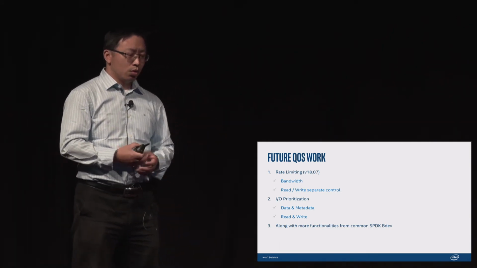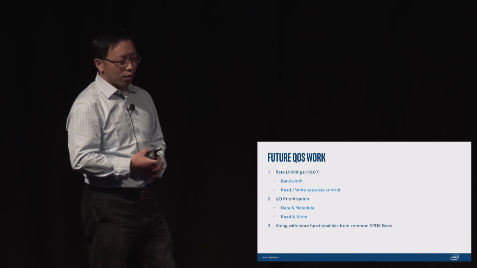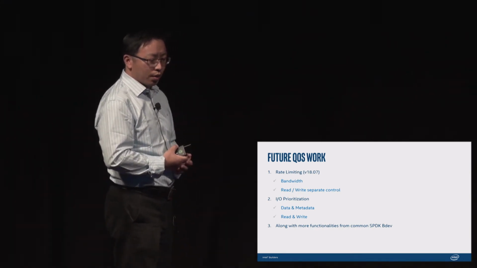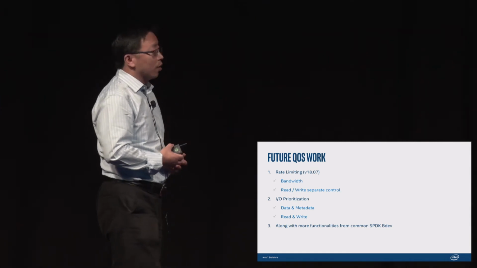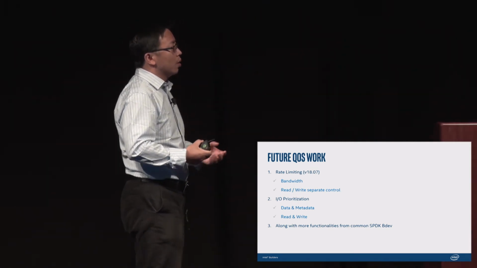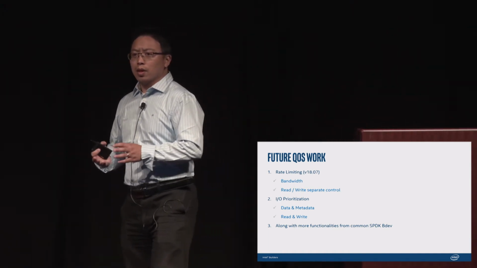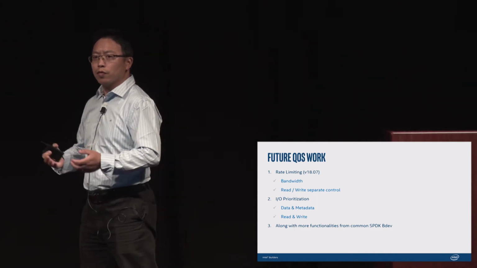Next is to consider how to support IO prioritization for data and metadata for read and write. And the last is that as this feature is developed on the common vBdev layer, it benefits as long as the SPDK vBdev layer gains more functionalities.